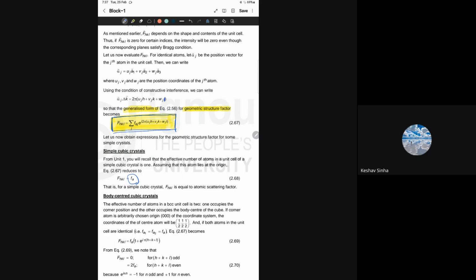So F_HKL is equal to the atomic scattering factor. The geometrical structure factor is equal to the atomic scattering factor.